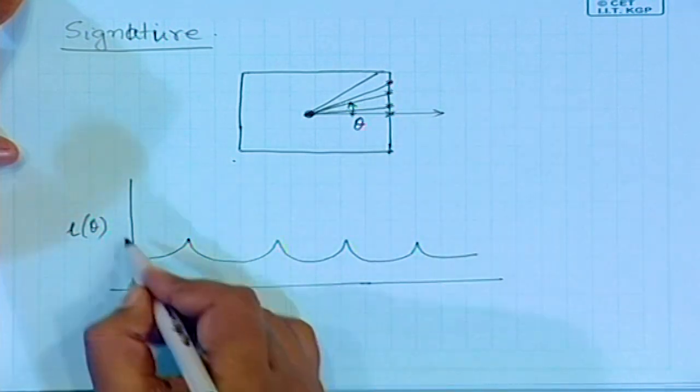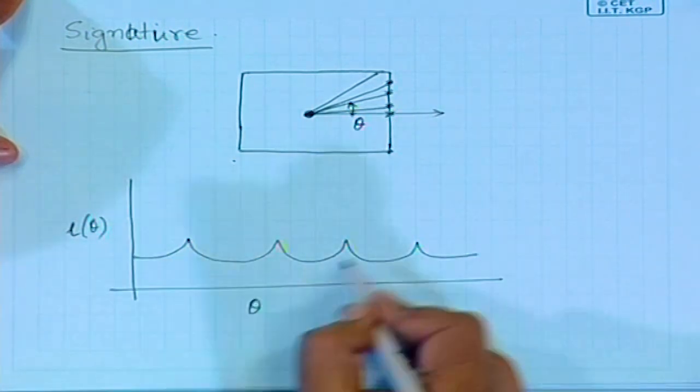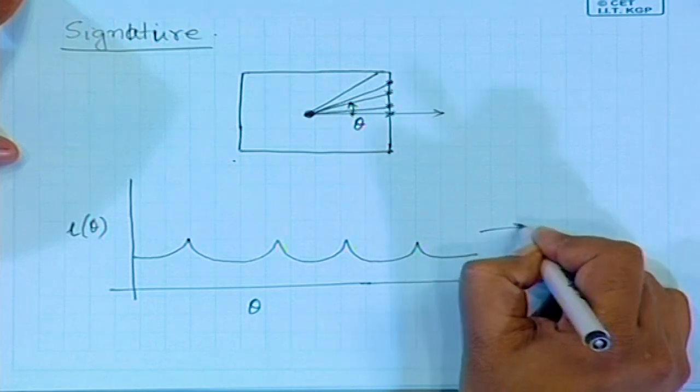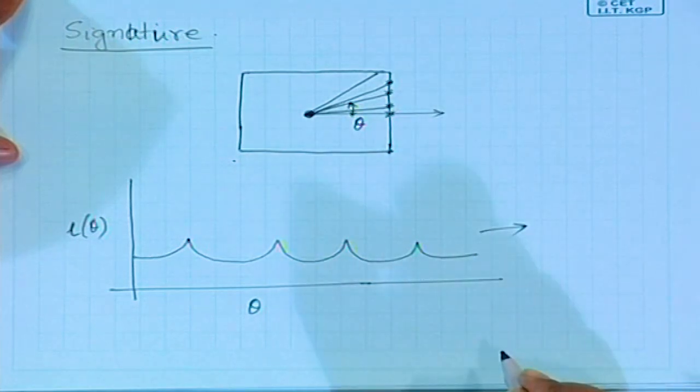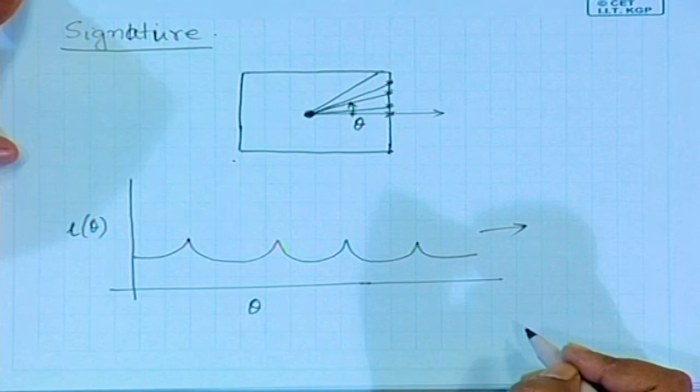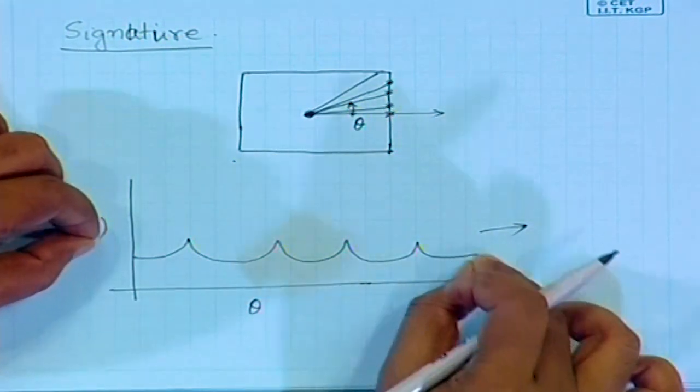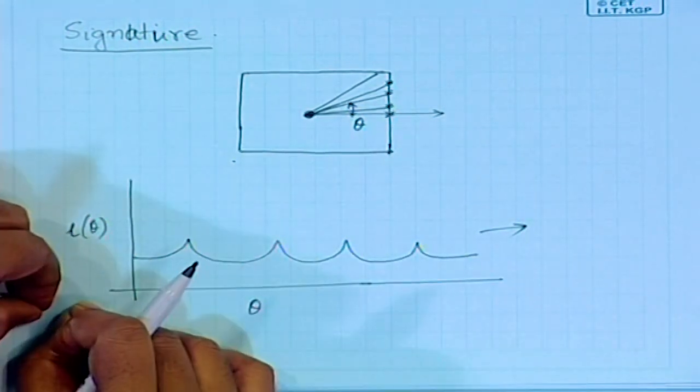Okay. Now, this particular pattern itself can work as a feature or a feature vector, or I can transform this pattern to get some transformation coefficients, and those transformation coefficients can work as a feature vector, which can be used for recognition purpose. Okay.